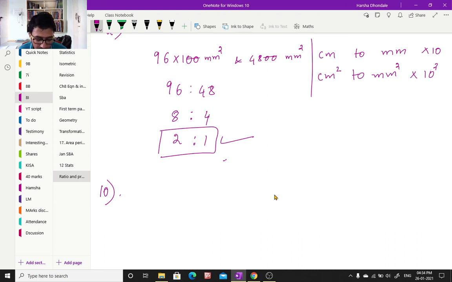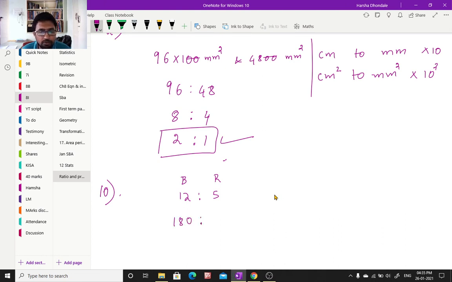Okay, got it. The result was a ratio of 12 is to 5 in favor of blue. So blue is 12 and red is 5. This is what the question says. 180 of them voted for blue.